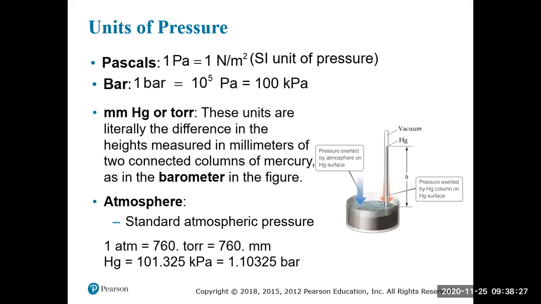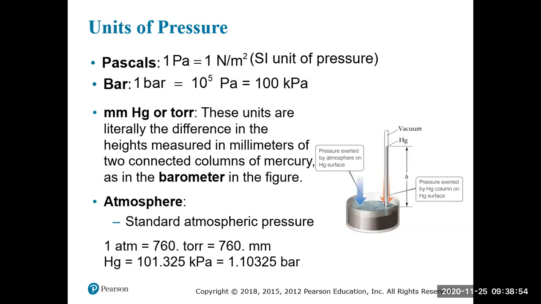When we talk about pressure, there's a whole bunch of units that people use. They use pascals, bar, millimeters of mercury, that's mmHg. Millimeters of mercury is also known as torr. And then we have atmospheres, ATM.